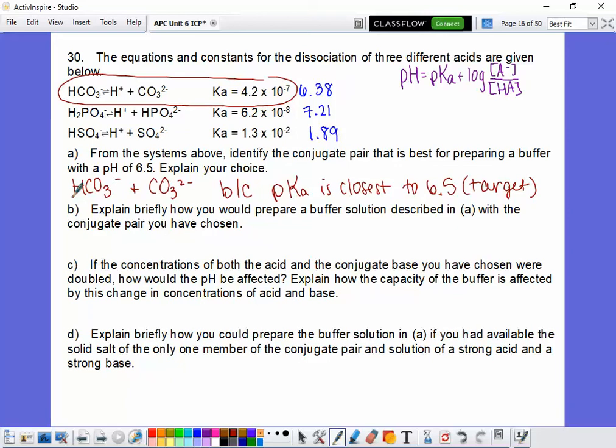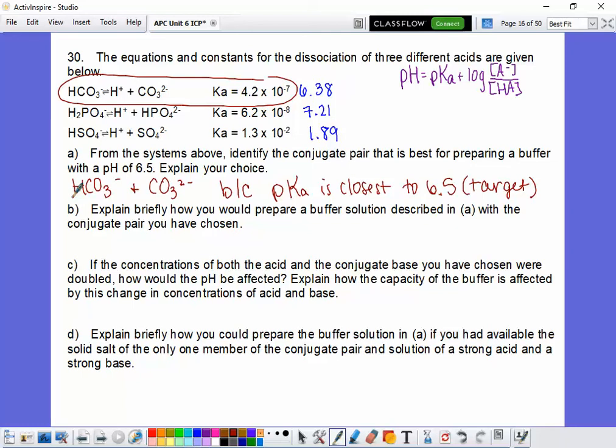In your lab, you're going to have access to the weak acids in solution form. All 3 weak acids that can be used for the lab will be 0.1 molar, and they're going to be available, and you can measure them out with pipette, stuff like that. The conjugate bases will be available in solid form as a salt.